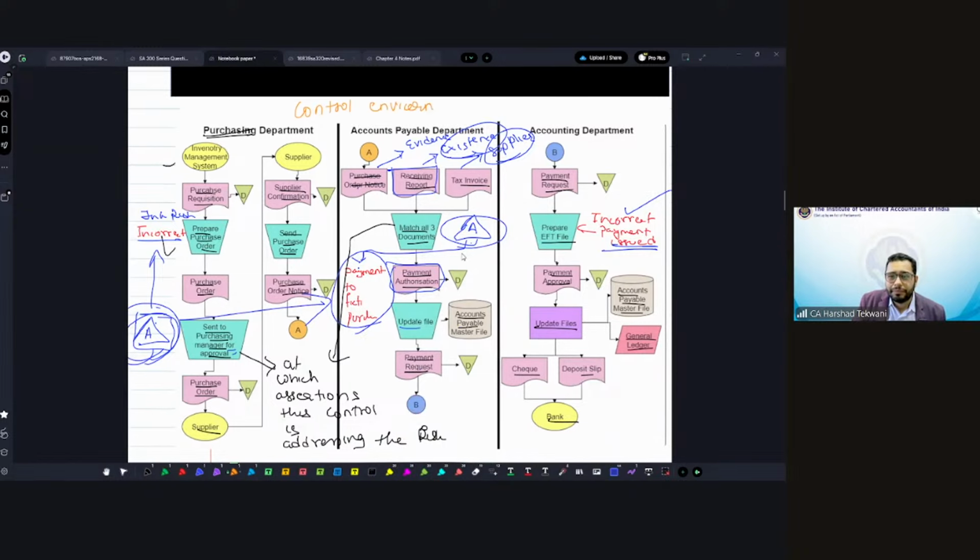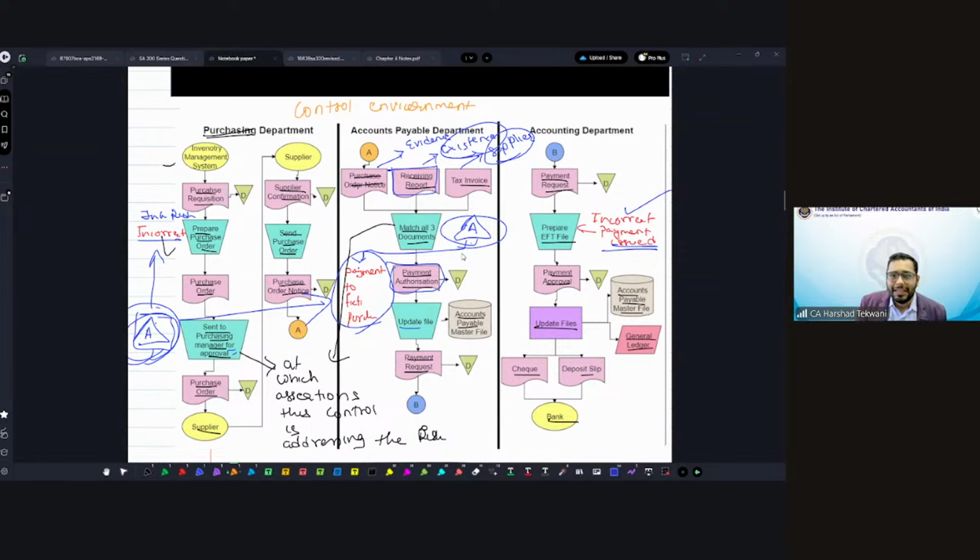Someone thought we should not proceed until all the documents are met. Then only we will proceed. That's the control environment. For example, integrity, ethical values. Because of the integrity and ethical values, management thought to have this control.